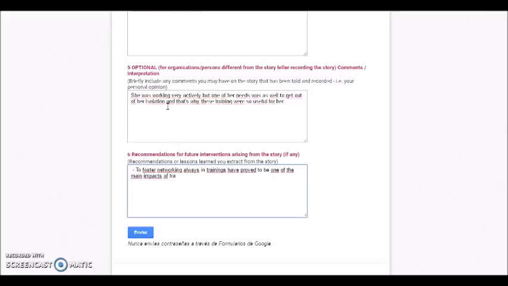Remember that this is just a mock exercise, and therefore this is all just created, it's just imagined. And then you will just need to click send, and we will get the response.